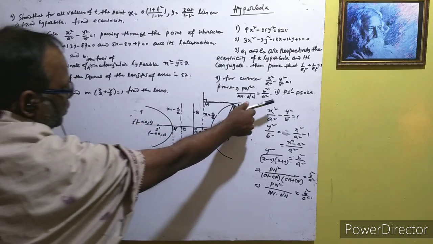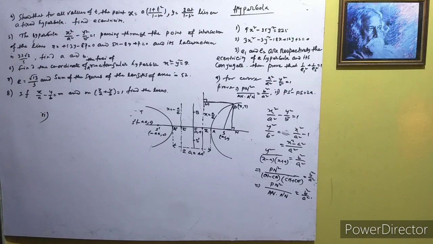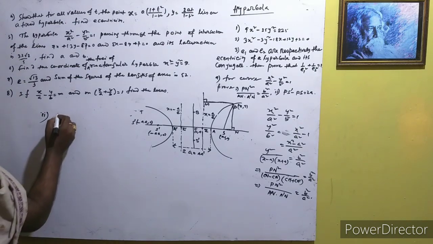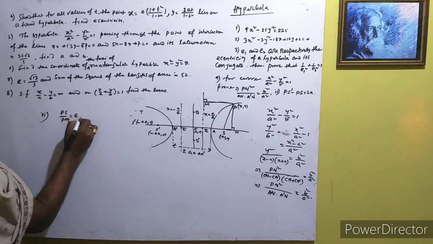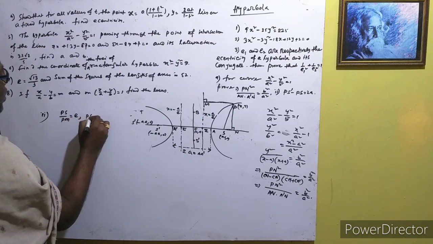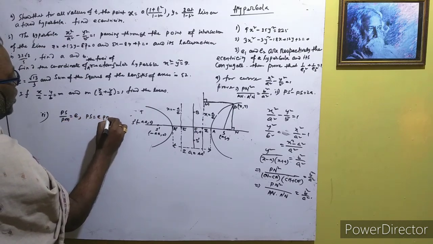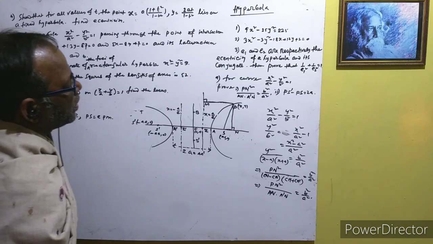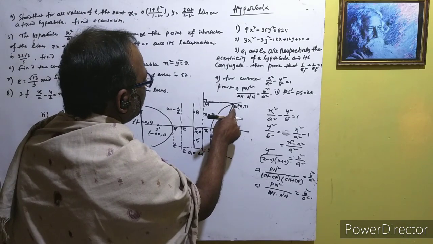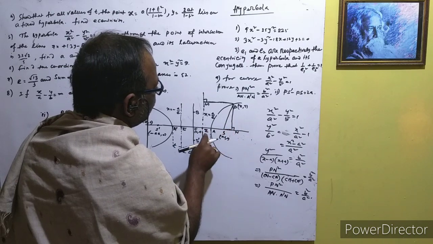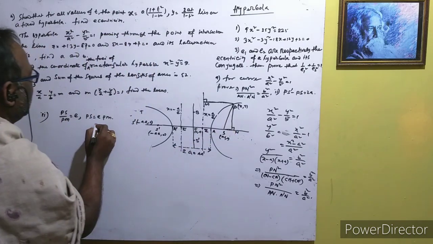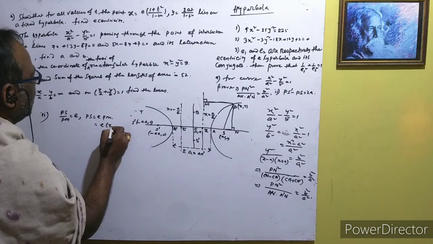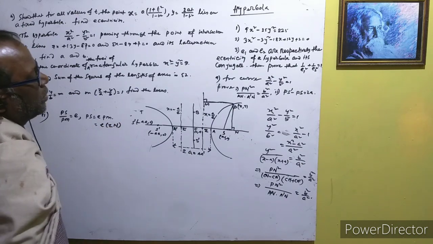See, for this, question number 9 part 2. You know that PS by PM is equal to E, and PS is equal to E into PM. In place of PM, this is parallel to Zn, so we can write here E into Zn.